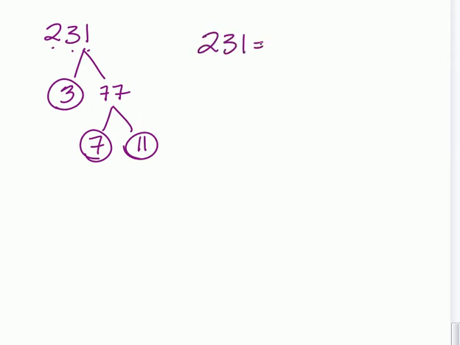So we know that 3 goes into it. So we can say, okay, 3 goes into it, and we may have to divide that out. That would give us 77. 3's prime, so we know that's finished. 77, 7 times 11. There we go. We are there. 231, then, when it's all torn apart, is made up of 3 times 7 times 11.